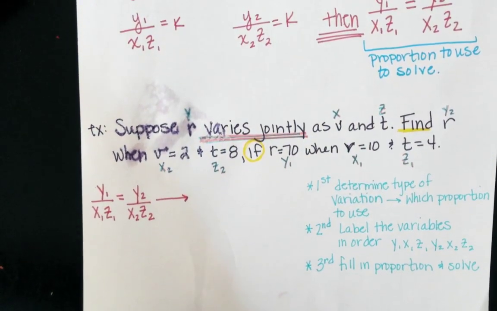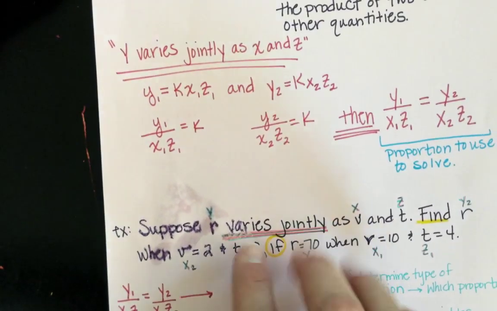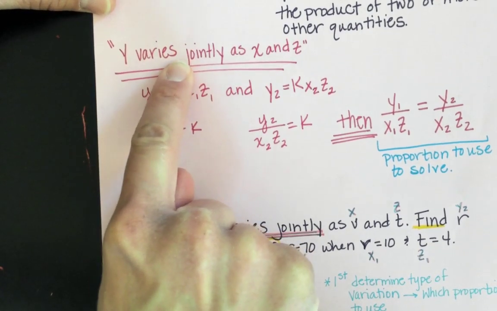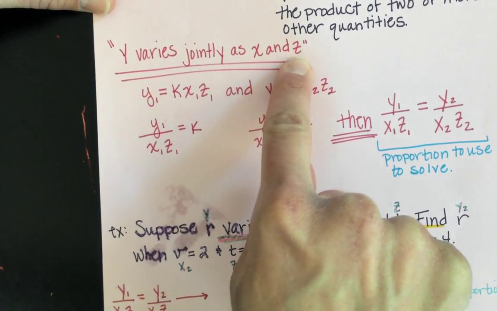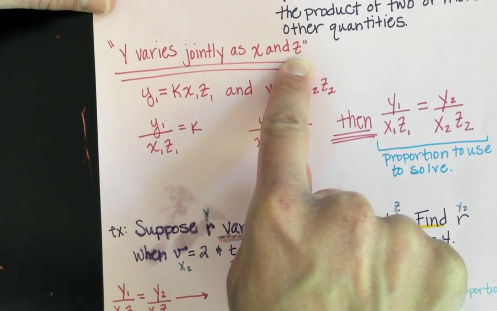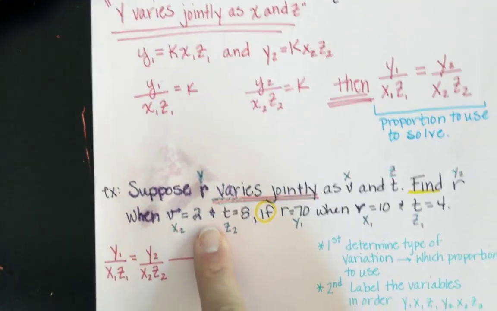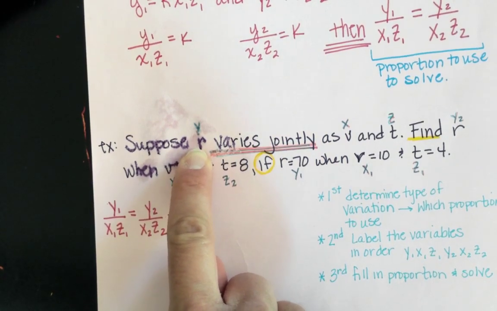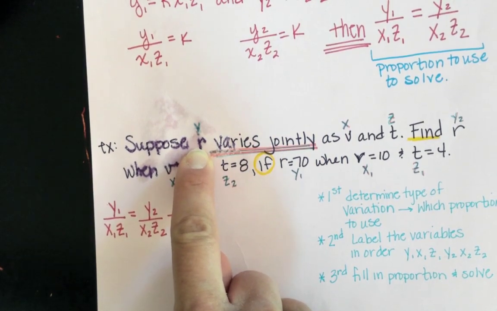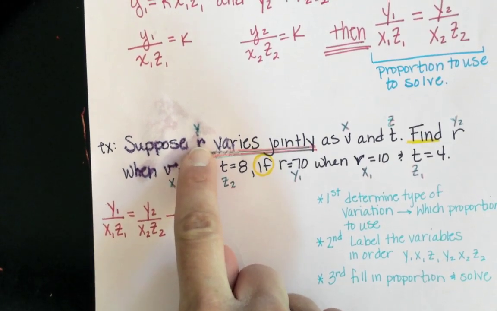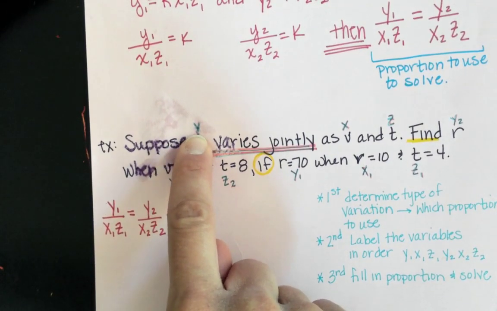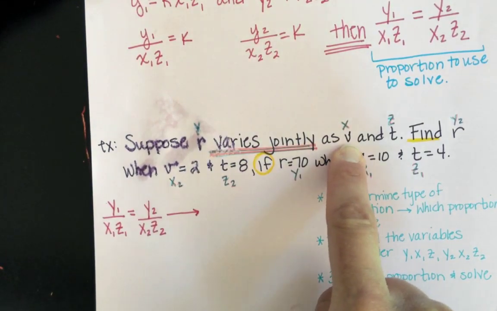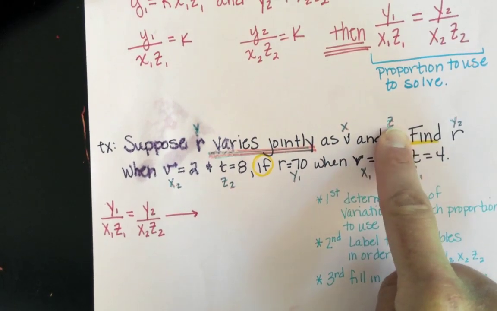Now again, when we label according to our formula, we have something that happened before the varies jointly phrase, and we have our two variables that happen after. So when we label these, before varies jointly, regardless of what that variable is, and again, we've already seen where they've used x and z, doesn't matter, whatever this is, we label y so that it fits our formula. Directly after is x and z.